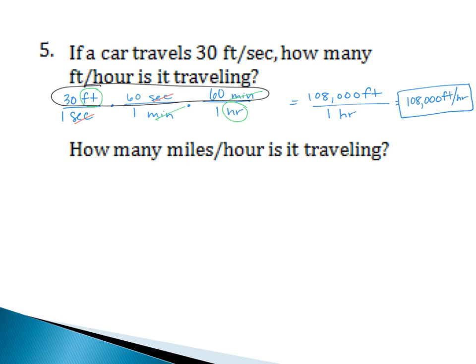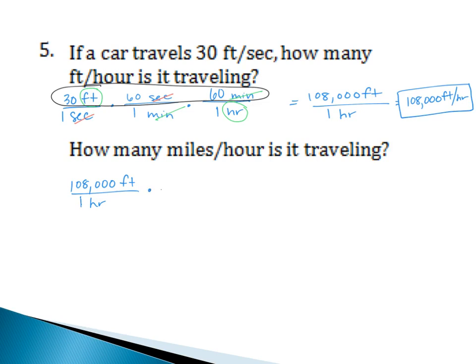Those are really tricky for people. Second part, how many miles per hour is this? All right, well, let's write down what we have right now. We have 108,000 feet per hour, but we want to change it to miles per hour, and this is one hour. So the thing that we want to cancel out is the feet.